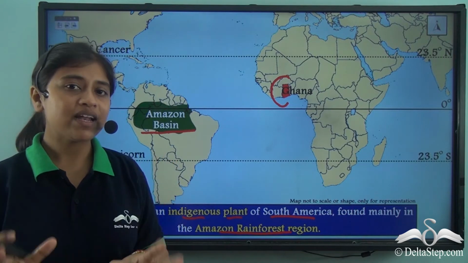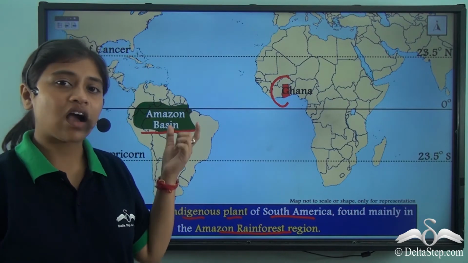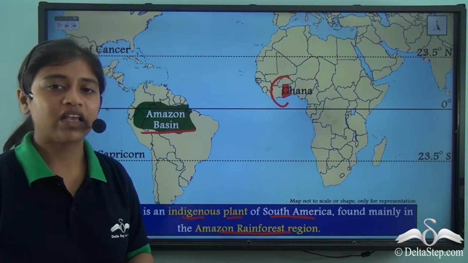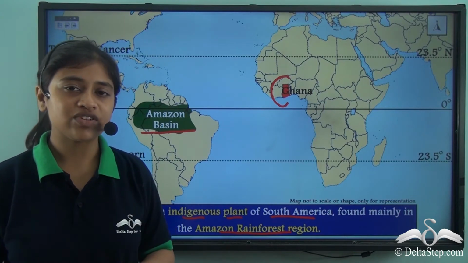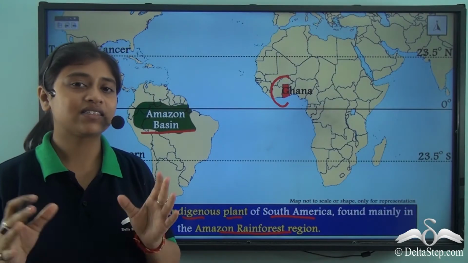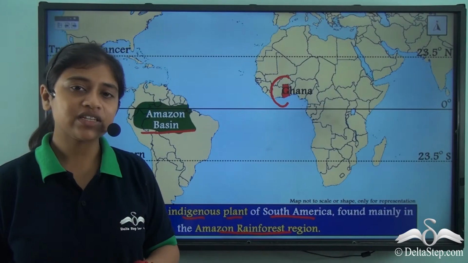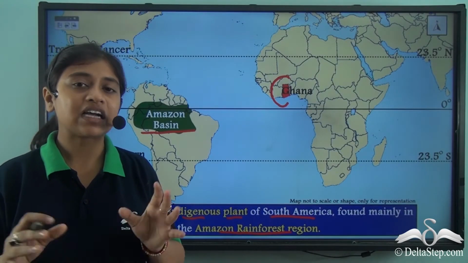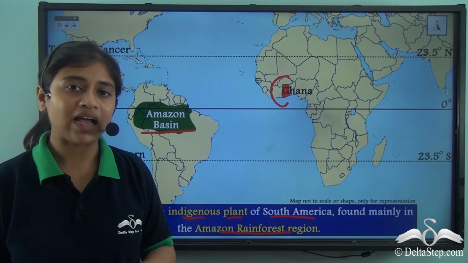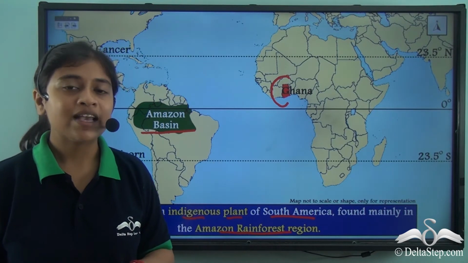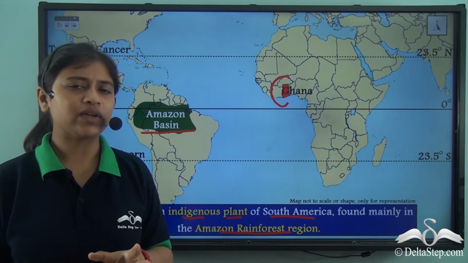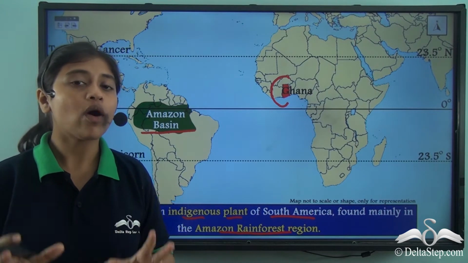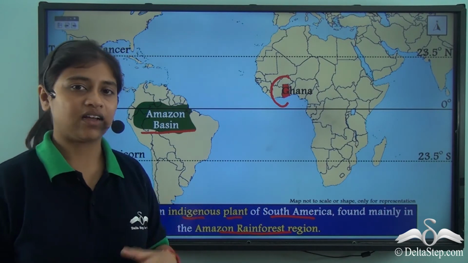So, they experimented by planting the cacao tree in this region. When they planted the cacao tree in Ghana, it was a successful experiment, and eventually it led to the immense cultivation and production of cocoa in independent Ghana. So, in this lesson, we'll be doing a case study of cocoa production in Ghana.